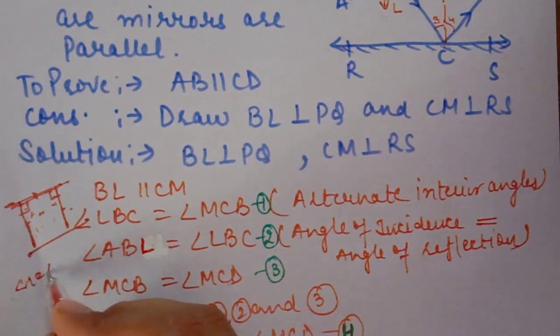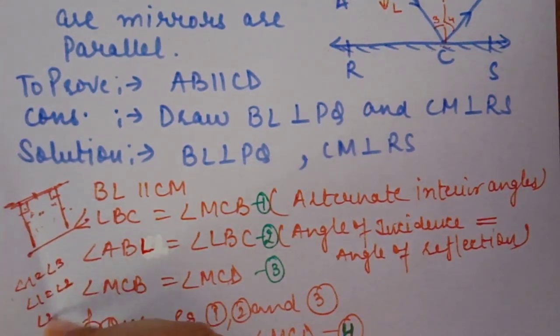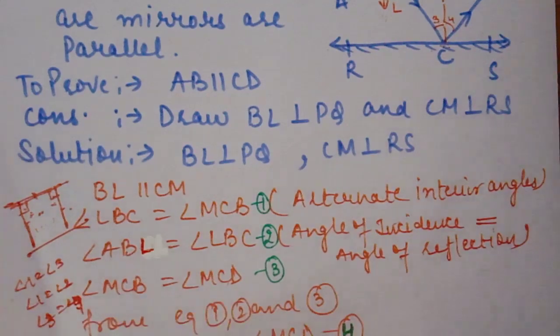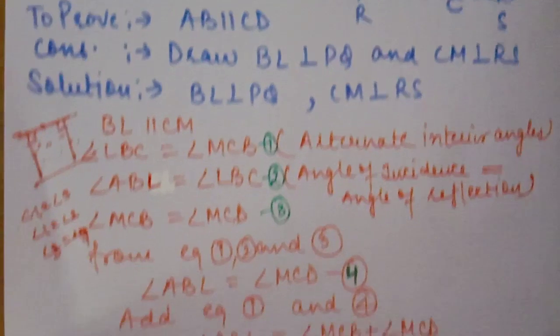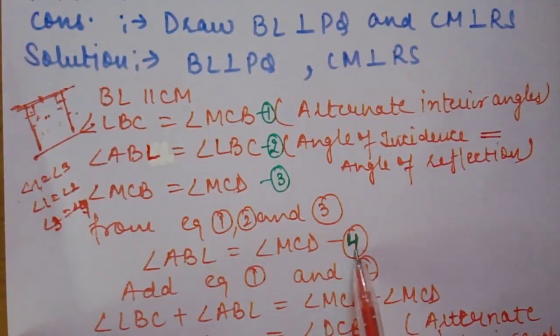If 1 is equal to 3, 1 is equal to 2 and 3 is equal to 4, if 1 and 3 are equal to each other, then definitely 2 and 4 are also equal to each other. So from equations 1, 2 and 3, angle ABL and angle MCD are equal to each other. This is equation number 4.